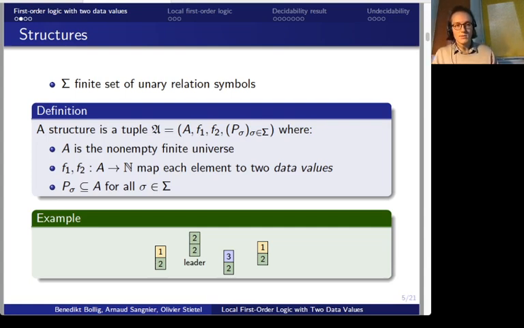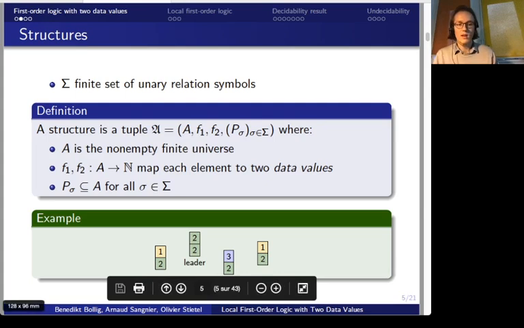There are 2 functions f1 and f2, which symbolize the first data value and the second data value. And we have P sigma, a set of unary predicates, so we are able to label the elements of our structure. For example, on the previous slide we had a structure with the leader label.